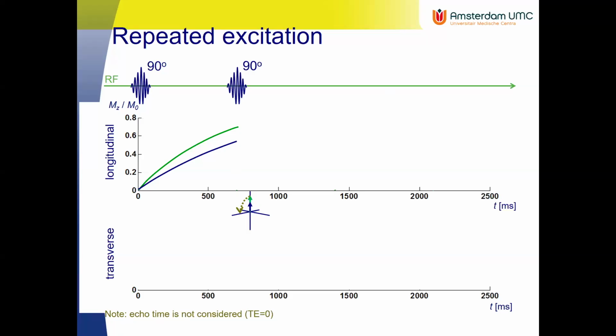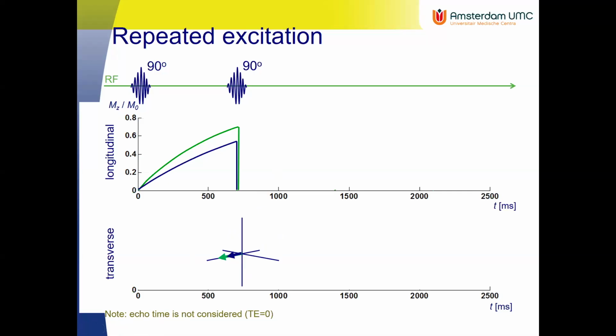And by means of that excitation pulse, we rotate them into the transverse plane. We make them detectable with our antenna. So there we go. We have a signal in the transverse plane there, which is detectable, and the longitudinal magnetization goes back to 0 because we rotated them into the transverse plane.